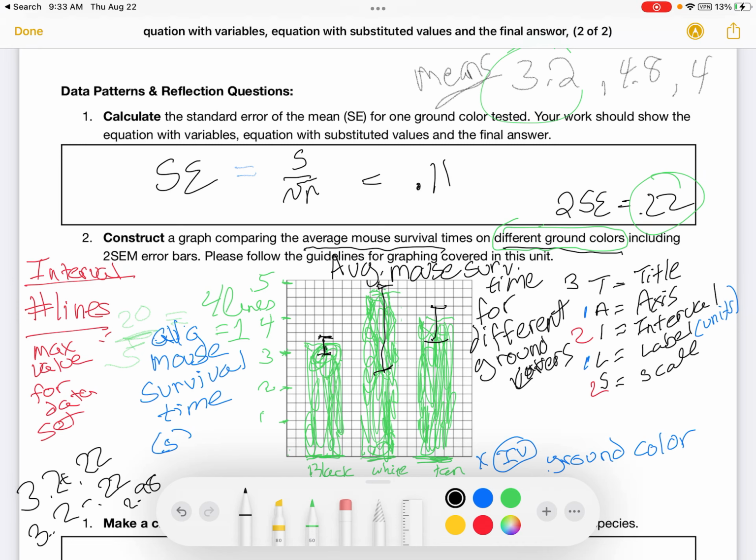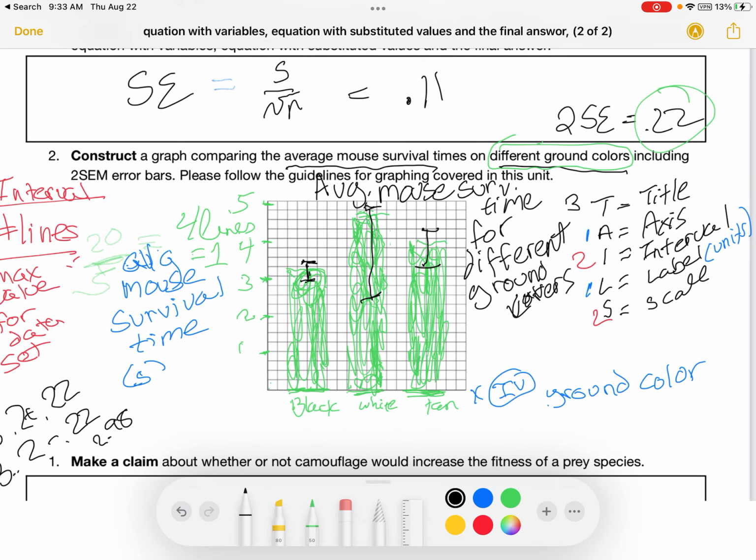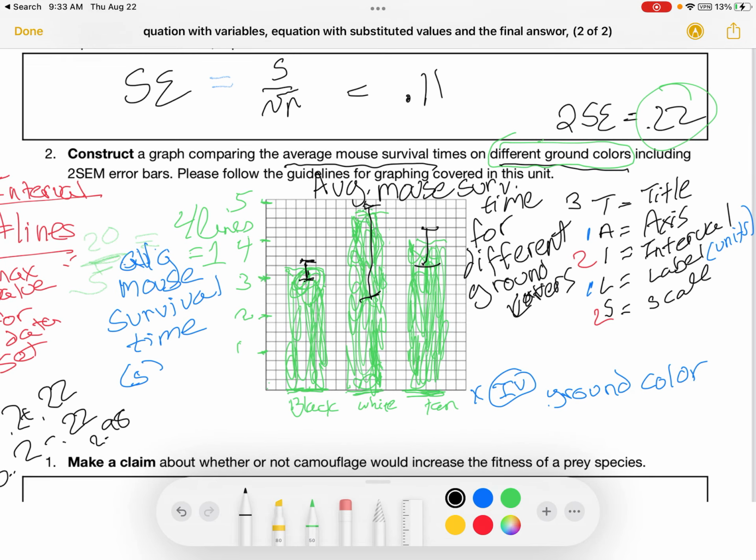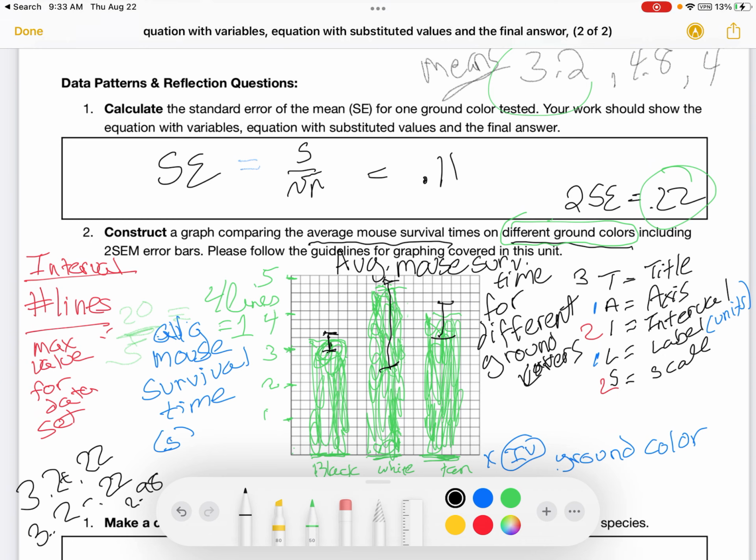So now when we go to answer our question down here, make a claim about whether or not camouflage would increase the fitness of a prey, we can say based on our data, yes, it does, or no, it doesn't, or only in some cases, these being the cases.